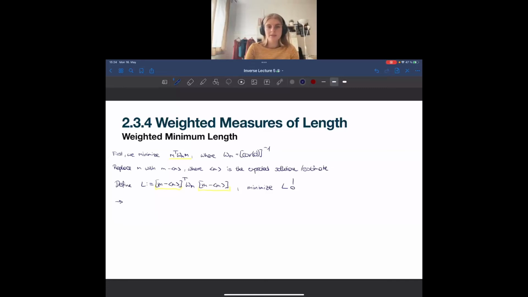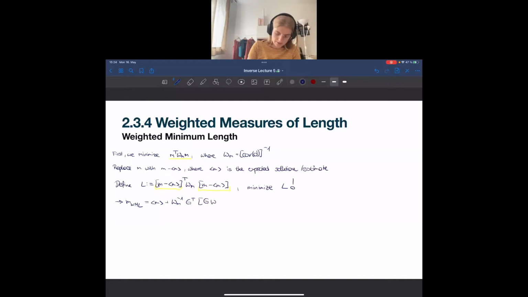So as I said, we do this without derivation today. I'm pretty sure you will believe me what the final solution is. We find out that the weighted minimum length solution is given as the expected M, and then we have the inverse of the weighting matrix, G transposed.